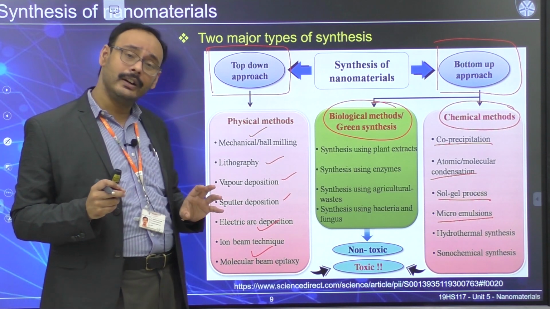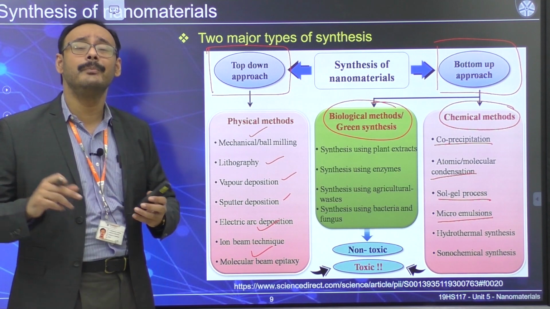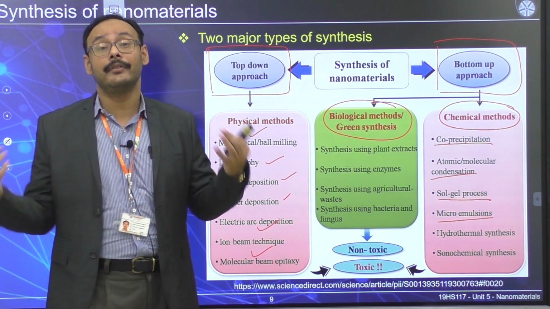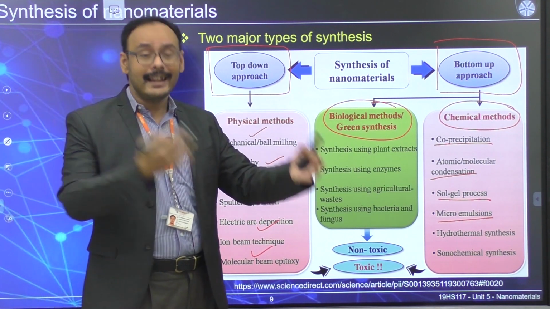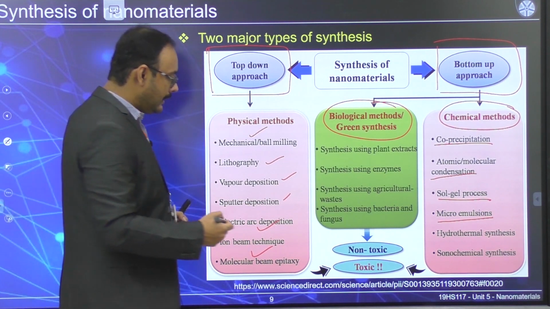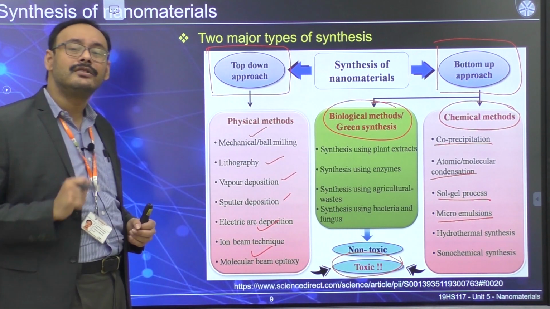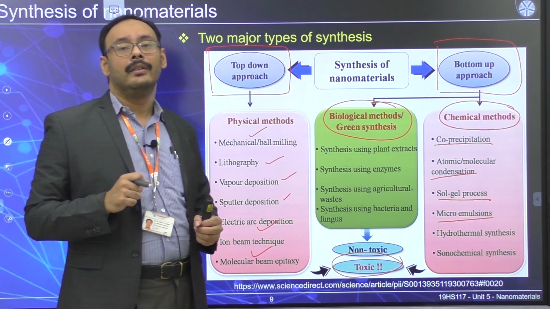But the problem was that some of the procedures led to some toxicity. At that time people were more interested in developing nanomaterials rather than testing the toxicity and the environmental effect. Later they found out that this was going to be a problem for the future.